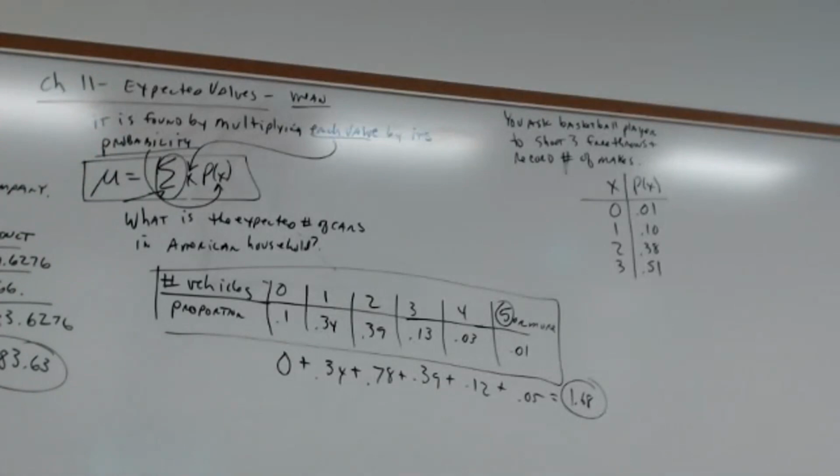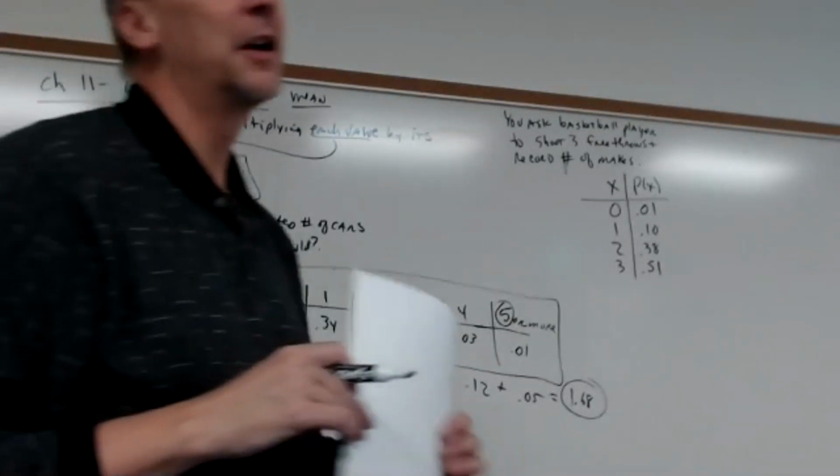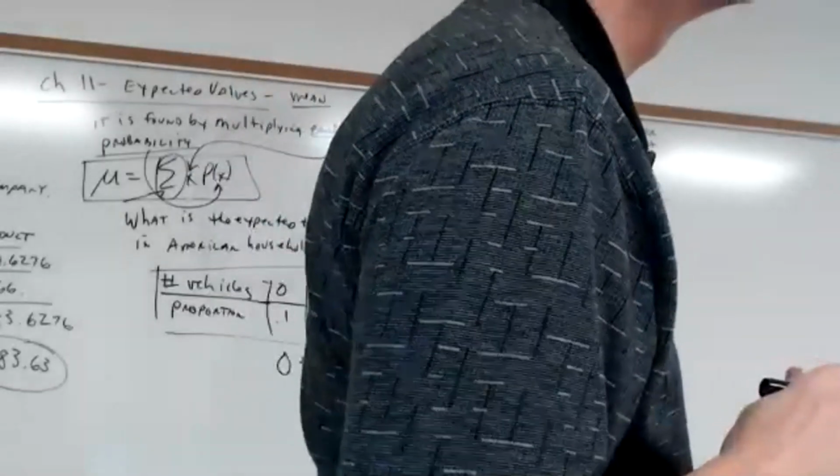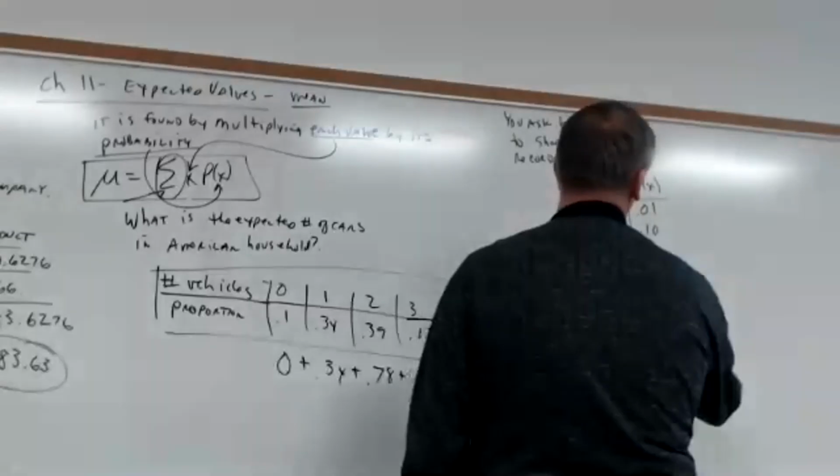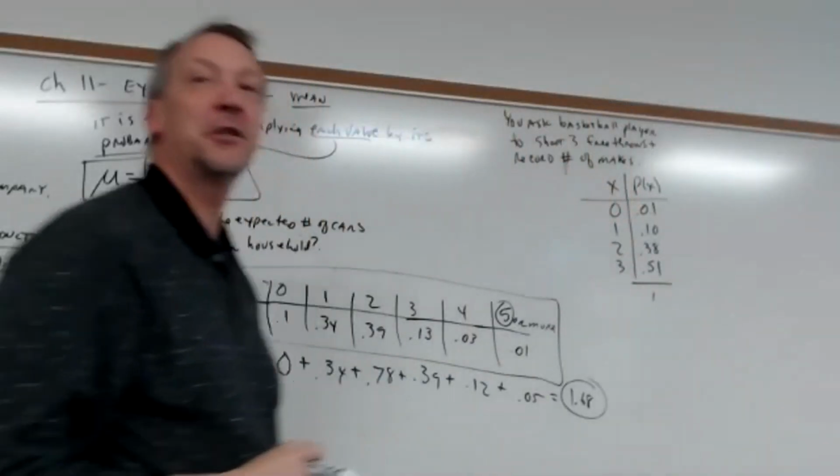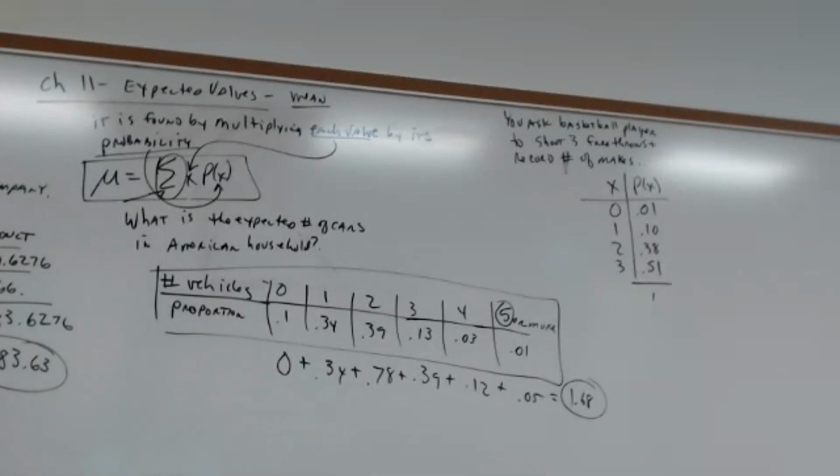Sydney, what do you think? Yes, because they all add up to 1. This column should add up to 1. Can you guys verify that she is correct? That is correct.